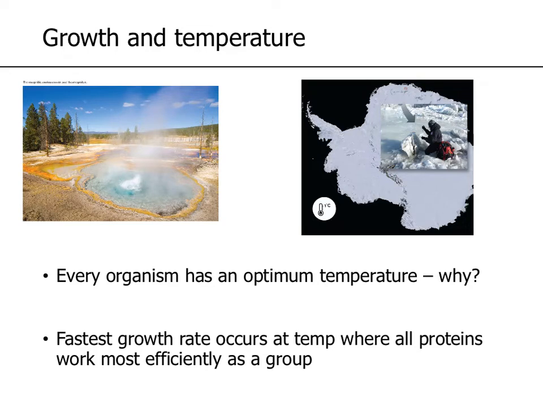So the specific amino acids, the specific nucleotides, all affect at what temperature their optimum is. But in general, you'll achieve the fastest growth rate when the temperature matches the efficiency temperature of all your proteins.